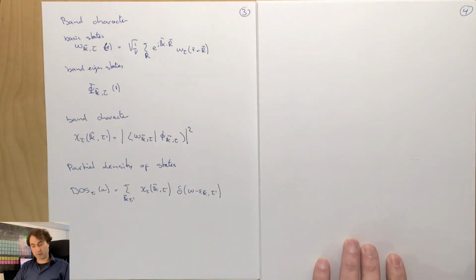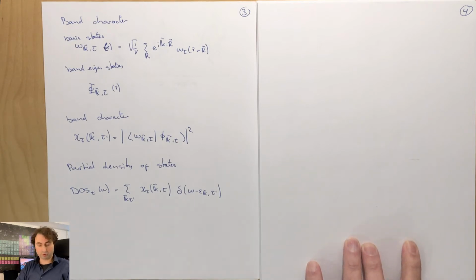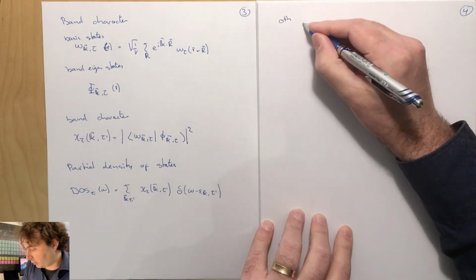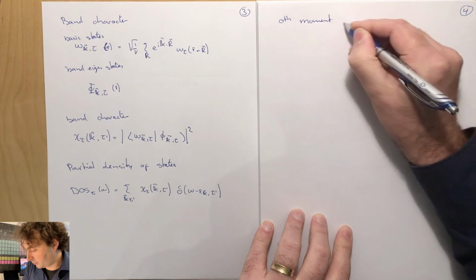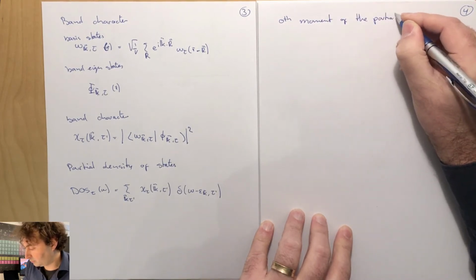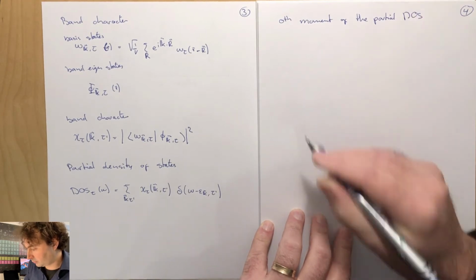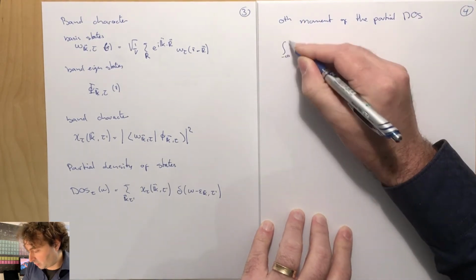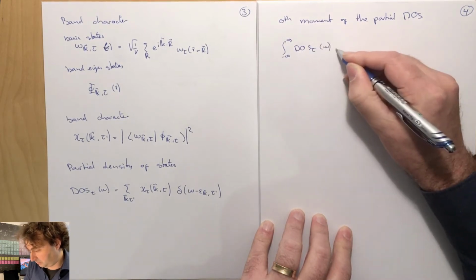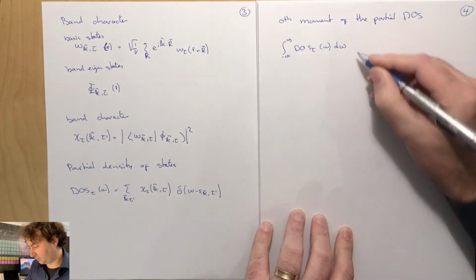There are two very important properties of the partial densities of states that I would like to discuss, and we can express those in the zeroth and the first moment of the partial densities of states. So let's just first have a look at the zeroth moment of the partial DOS. And the zeroth moment is nothing more than the integral of the partial densities of states over energy.